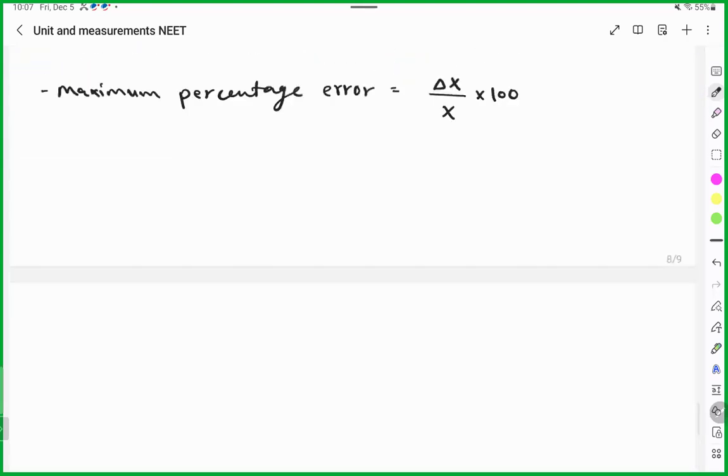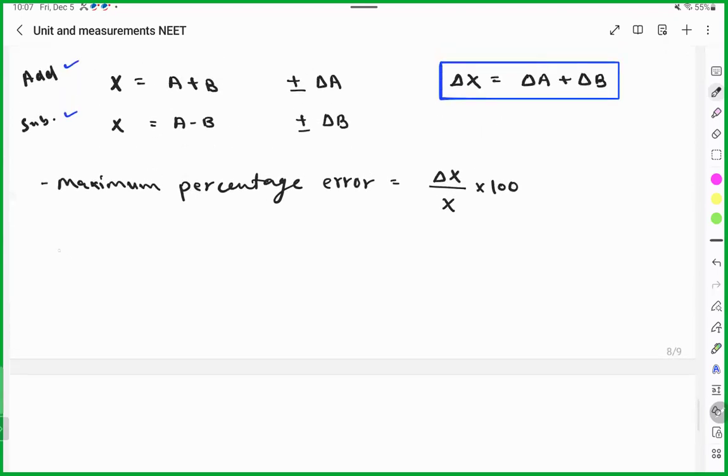If you want to calculate the absolute error in this case, how do we write it? We write x plus minus delta x. Example, you calculate the length of an apple as 20 centimeter.